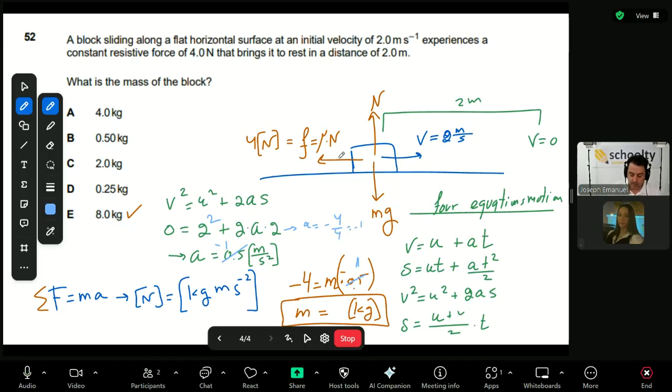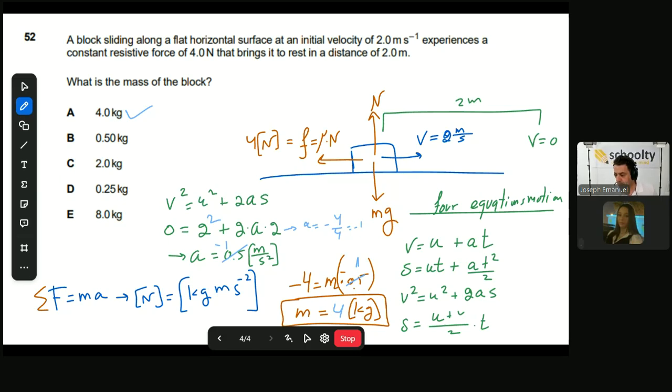So why minus? Because the motion is to the right, but the acceleration is to the left. It's in the opposite side, and it's exactly the side of the force also. So you have here 4 kilograms. The right answer is A. I think in this exam all the right answers are A, so we have 4 kilograms. We missed this square. Okay, let's continue.